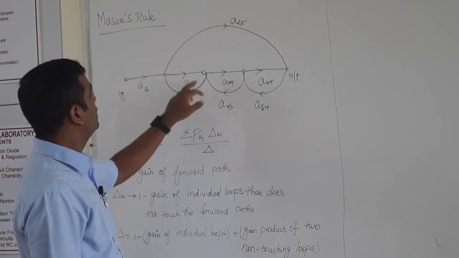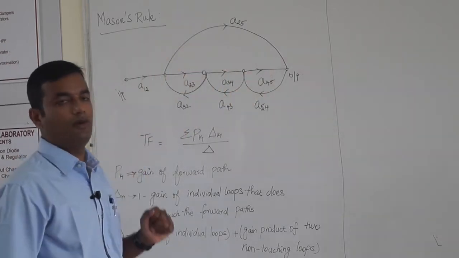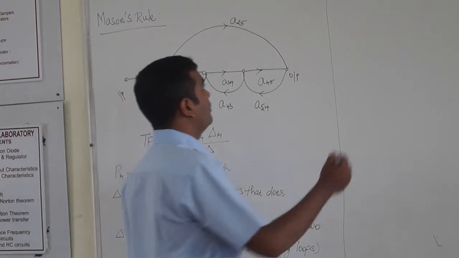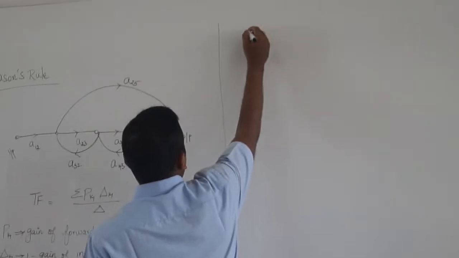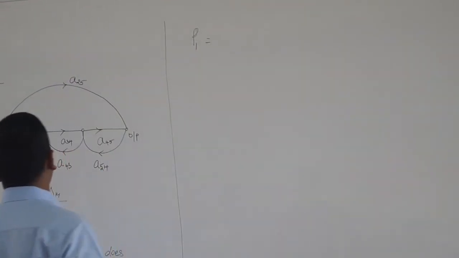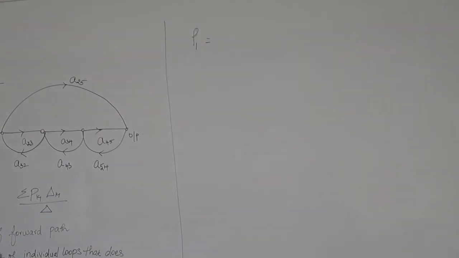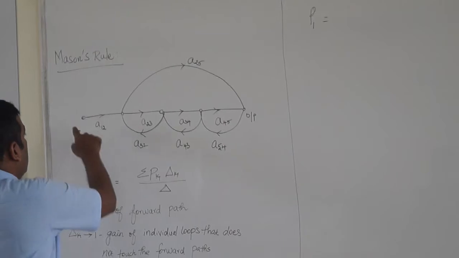Look at the other paths. All these paths go back. They don't go forward. So there are only 2 forward paths. So let's write down the 2 forward paths. What is pk? Pk is the gain of the forward path. So let's write P1, the gain of the first forward path. P1 is nothing but A12, A25.